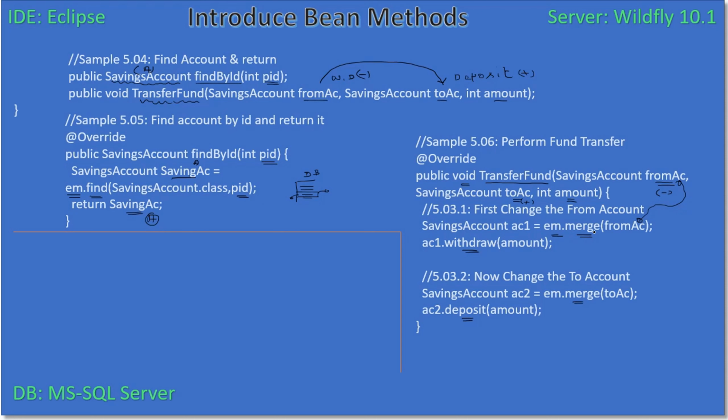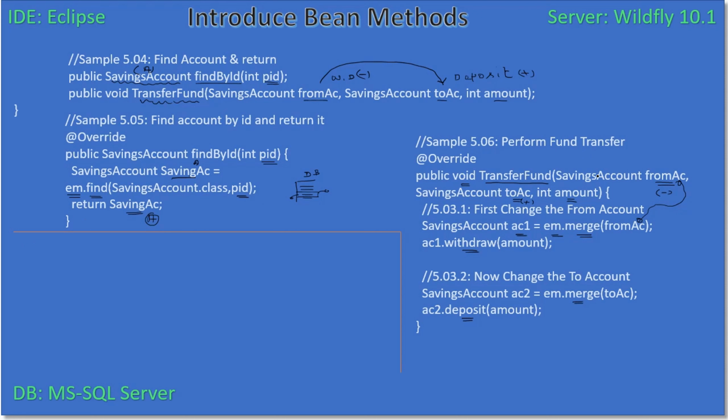And the merge method will return one more entity, AC1, and we perform our method calls withdraw as well as deposit on the returned object, not on the incoming one.